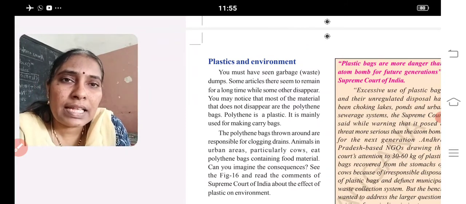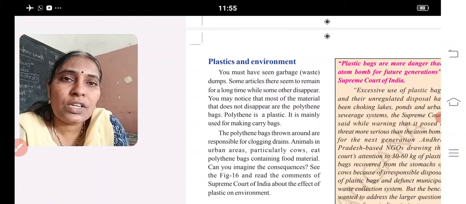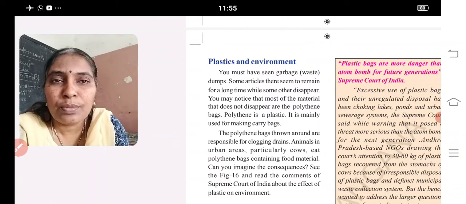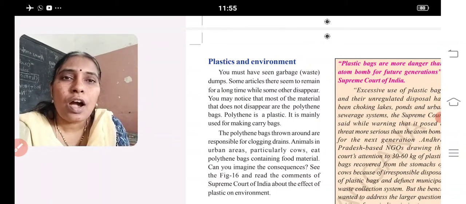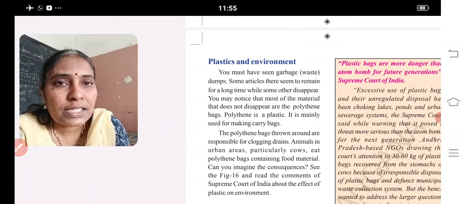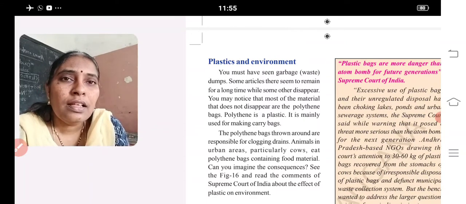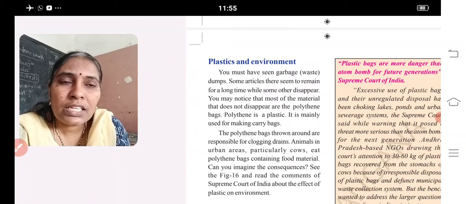Using plastic and disposing the plastic is very tough and it affects the environment. If you burn the plastic, it releases some harmful gases. And if it is buried under soil, decomposing is very tough and the soil loses its fertility.